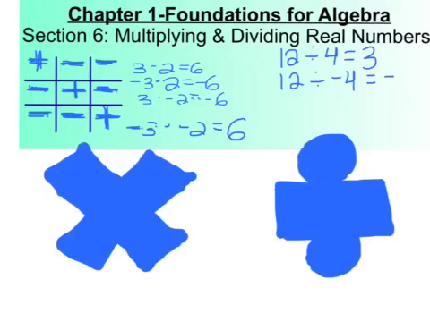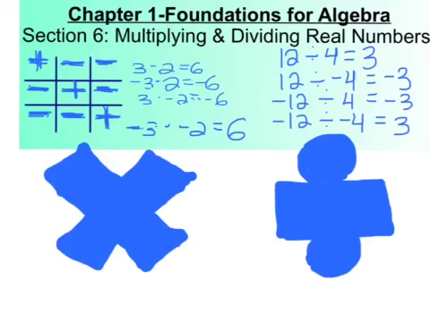Different signs, it's a negative answer. -12 divided by +4. Different signs, it's a negative answer. And -12 divided by -4 is a positive answer. So again, same sign, positive, same sign, positive, different signs, negative, different signs, negative.